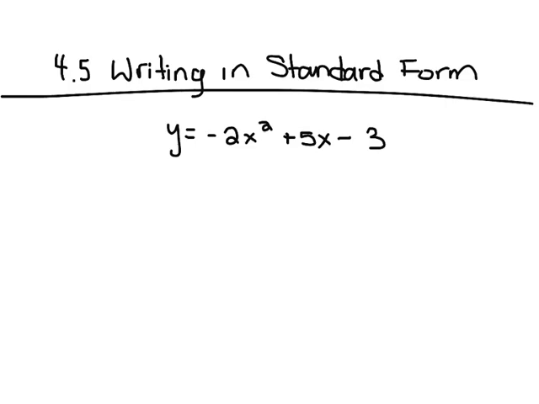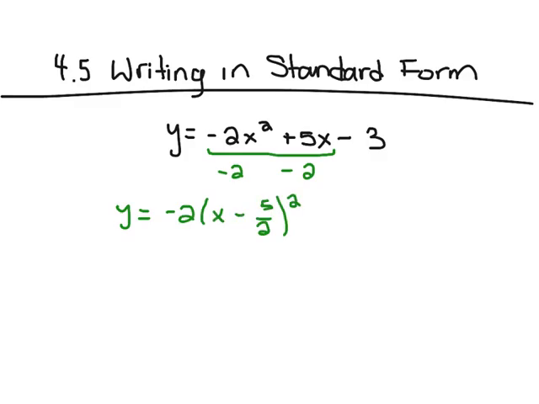For the next example, we want to take the negative 2 out of our 2x terms. So we have y equals negative 2(x squared minus 5 over 2 x), leave a space, minus 3.